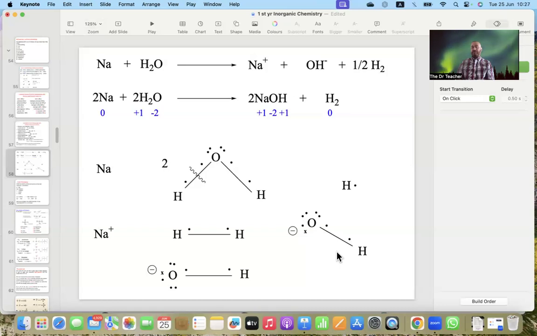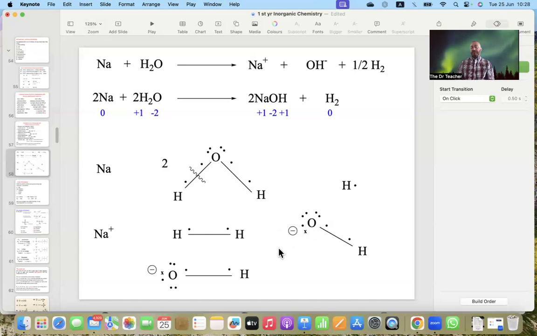It is stable, and this minus came from the donation of the sodium. So the sodium lost an electron. This is it. Sodium lost, so it is left with a positive charge.